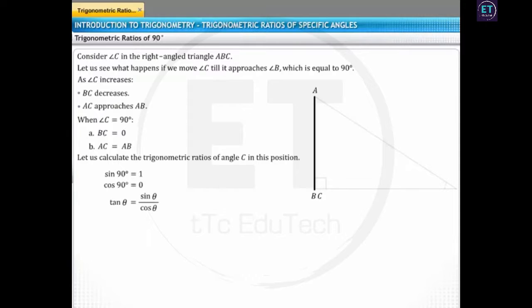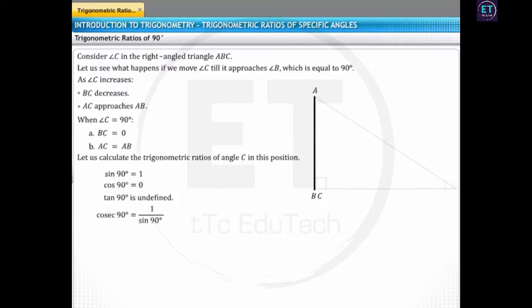We know that tan theta is equal to sin theta divided by cos theta. Substituting theta equal to 90 degrees and simplifying, we get tan 90 degrees is undefined. Let us move on to other trigonometric ratios of 90 degrees.